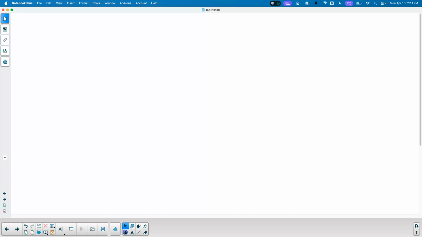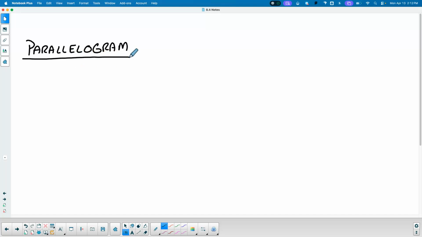So, if a quadrilateral is a parallelogram, now this isn't in your notes, but you should put it somewhere in your notes. If a quadrilateral is a parallelogram, what do you have to show? That the sides are parallel, so you have to find four slopes, right? It has 4 sides.